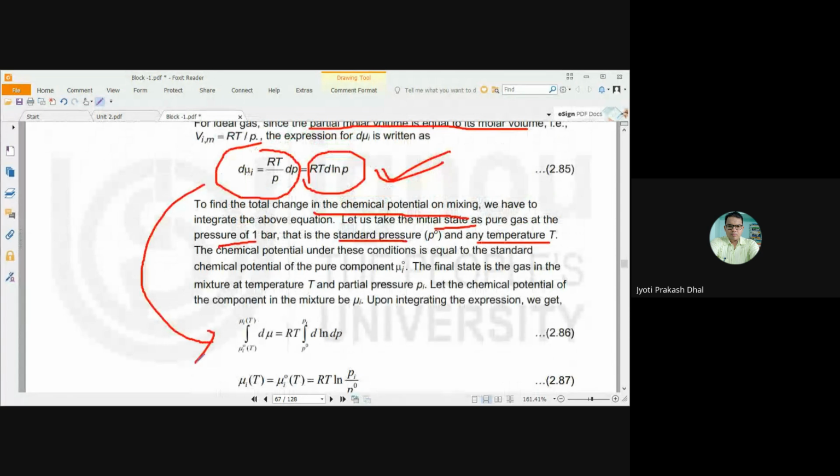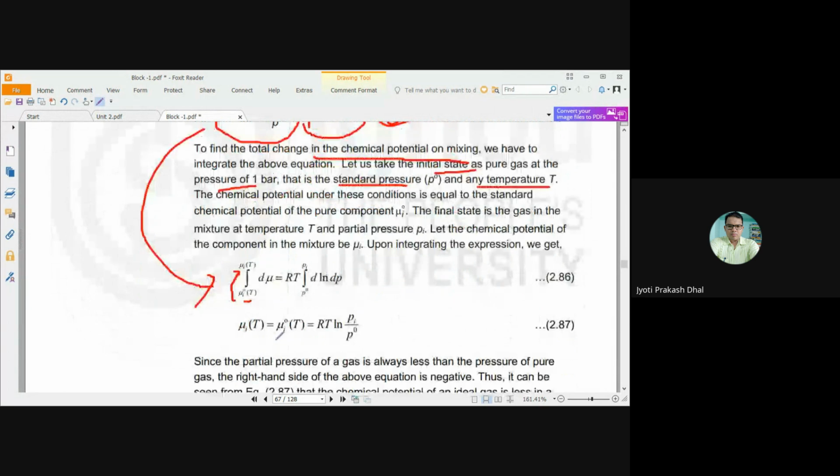On the left hand side, the limit will be mu i naught at temperature T to mu i at temperature T. Integration of d mu from mu i naught at temperature T to mu i at temperature T is equal to RT, which will be constant.